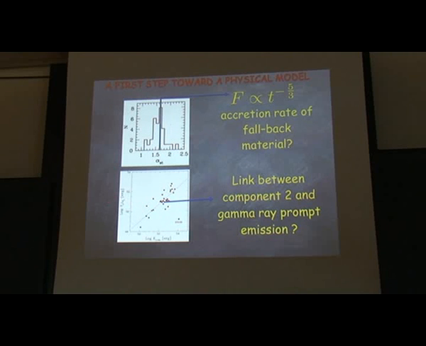When we take into account these parameters, that is the product of the time of the break and the luminosity at that time, that is roughly an estimate of the total energy emitted in the component 2, and we compare it with the E gamma iso, that is the total energy emitted during the gamma ray prompt emission, we see that there is some sort of correlation that is much better than the one, for example, that we obtain comparing the E gamma iso with the energy emitted through the standard afterglow.